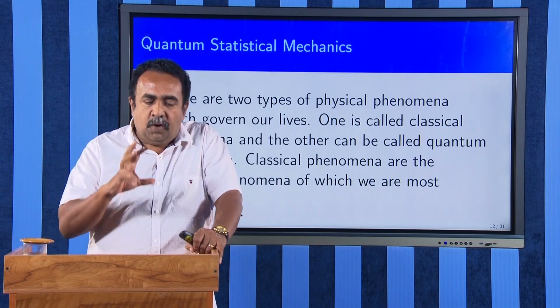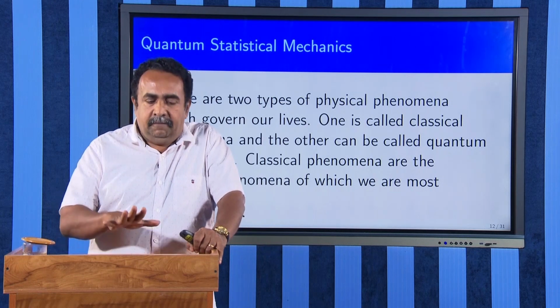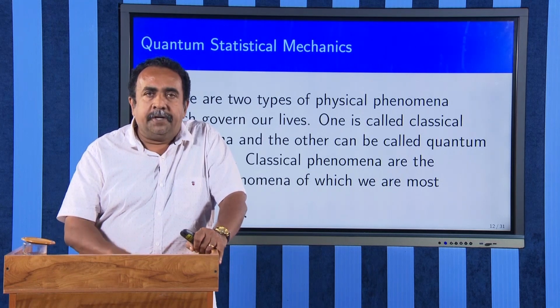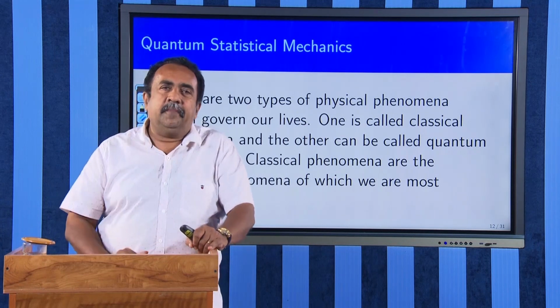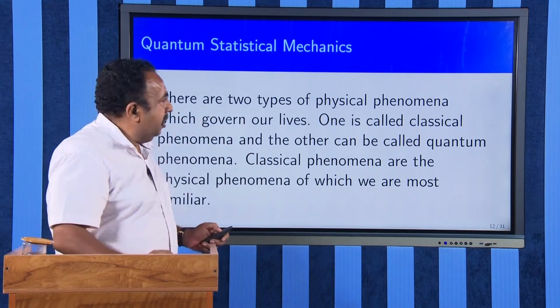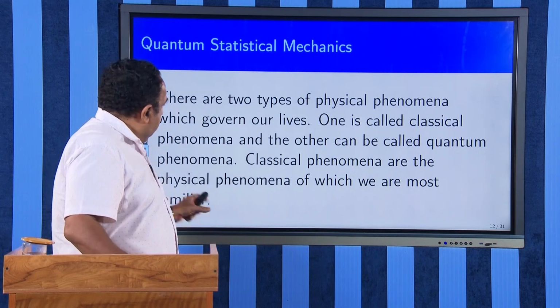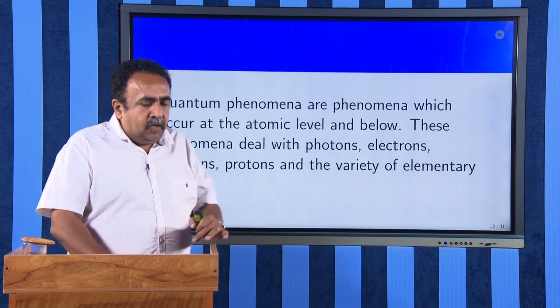If you want to explain or study such things in detail, we have to consider quantum statistical mechanics, or we have to develop quantum statistical mechanics. How to develop that quantum statistical mechanics, we will be dealing with here.